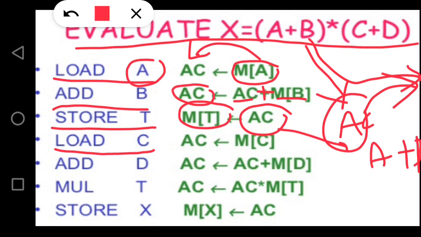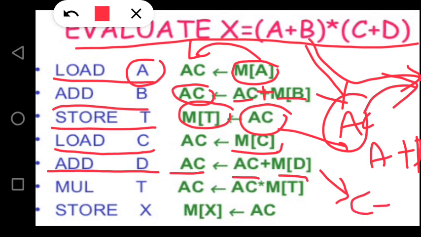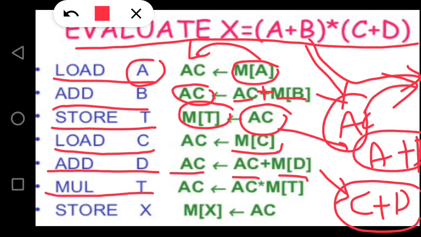Now you can say load C. So the accumulator is loaded with the memory content of C. Again you can say add D. So the accumulator and memory location D values are added. Now the accumulator contains C plus D. So you can directly say multiply T, because T contains the A plus B value.